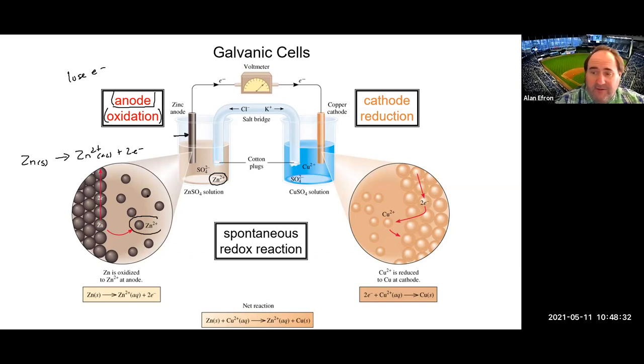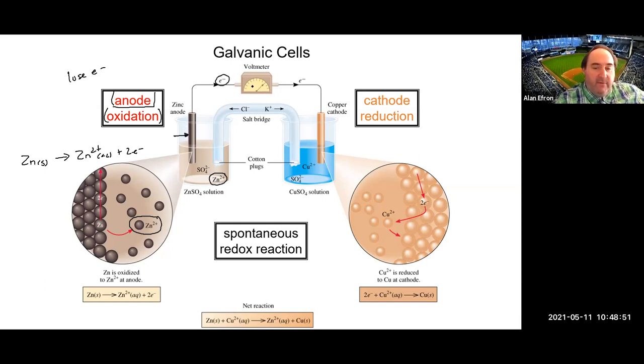Anything with a positive charge is pretty much floating around in the aqueous solution. So these zinc atoms are jumping off the solid, going into the solution and making Zn2+. The electrons that they're losing will then travel through a wire, as you can see here.